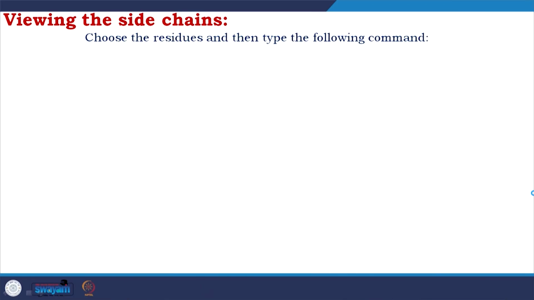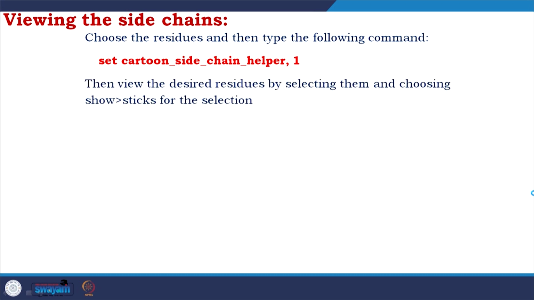So, when you want to choose the residues, you have to type the following command: set cartoon_side_chain_helper, 1. Then you could view the desired residues by selecting them and choosing show, then sticks, for the selections. I have written the command, so you could follow it here.